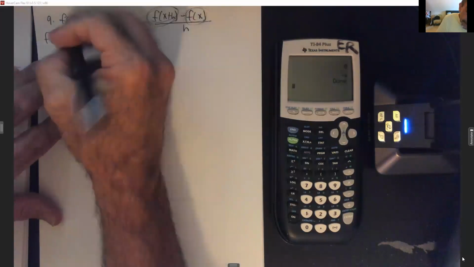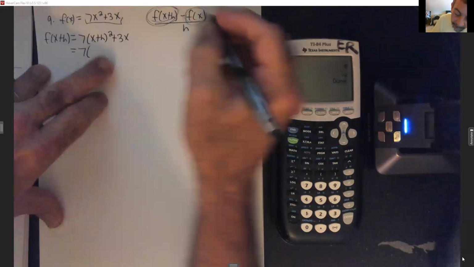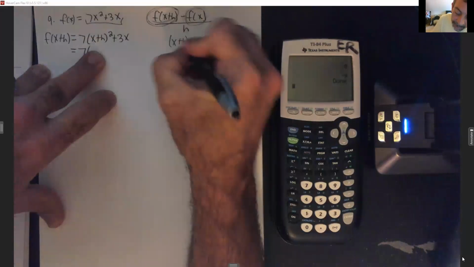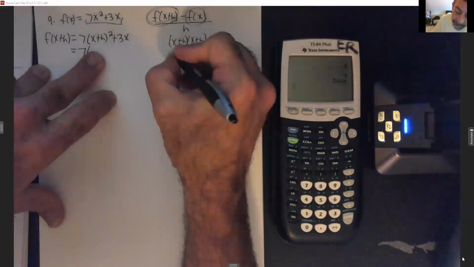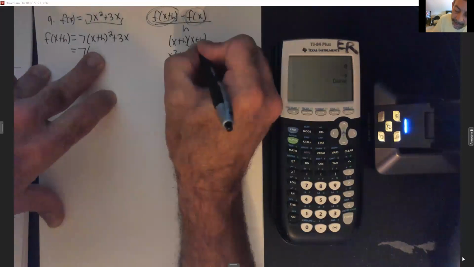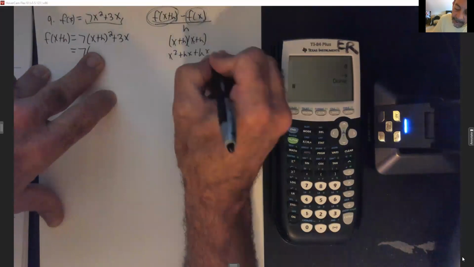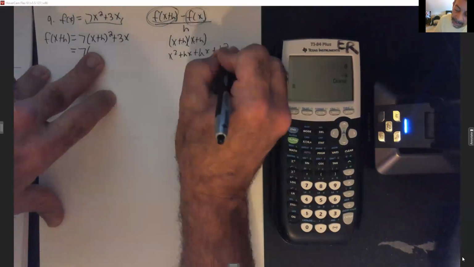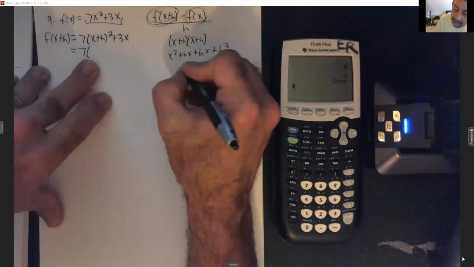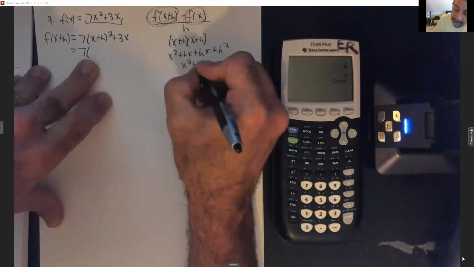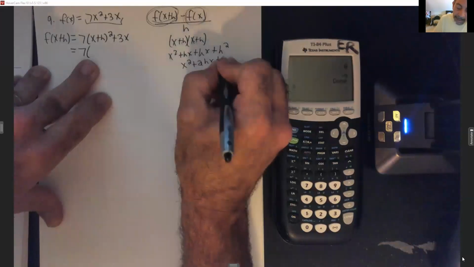All right, you got to FOIL the x plus h here, and that means write it twice so that you get an x squared plus a hx plus a hx plus h squared. Simplifying the like terms, you got two of those, so that's 2hx plus h squared.